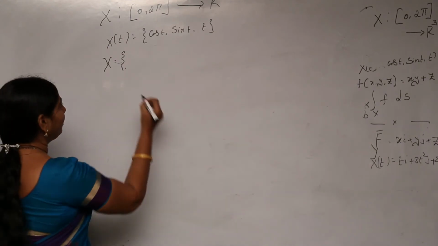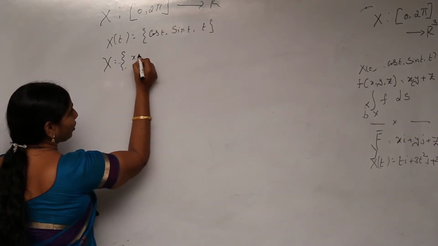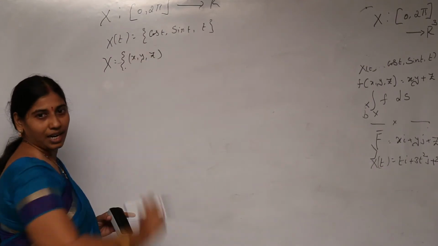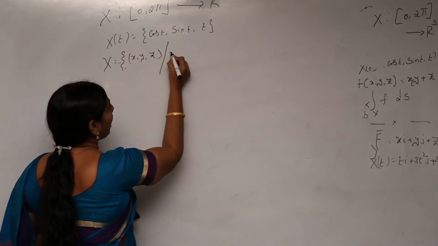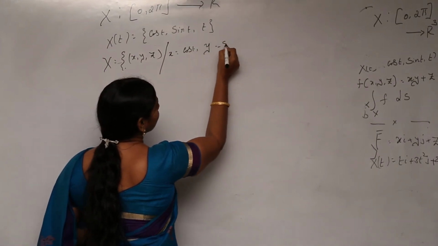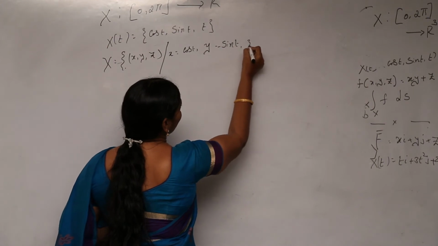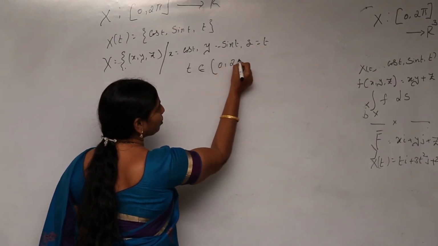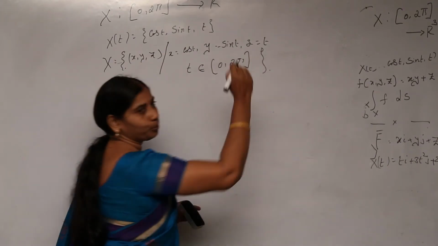Analytically, the curve is the set of all points x, y, z where x is cos t, y is sin t, and z is t, where t belongs to 0 to pi.